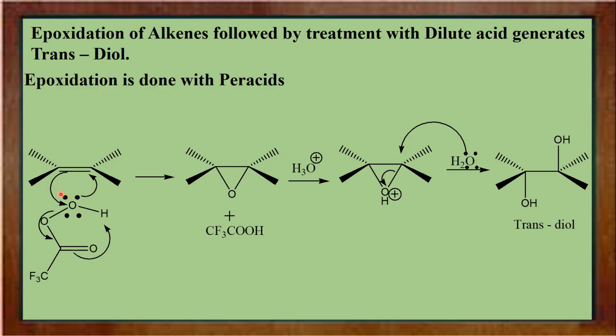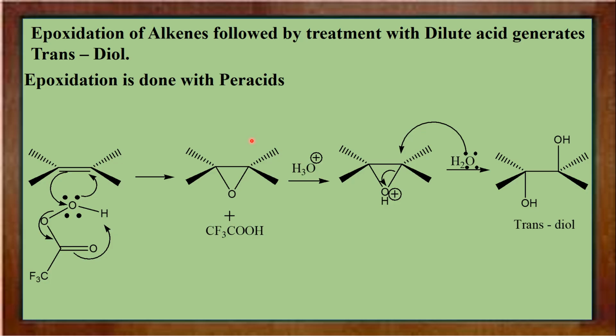And this process, as I have shown with the arrow marks, results in the epoxide, the oxirane. Once this oxygen is connected, you can see this bond comes out here and it is moving. This bond is shifted to oxygen, making O minus, and it takes up the proton from here, resulting in trifluoroacetic acid.